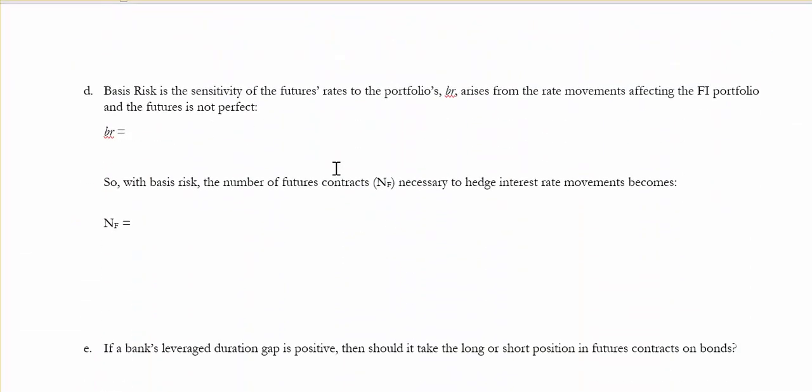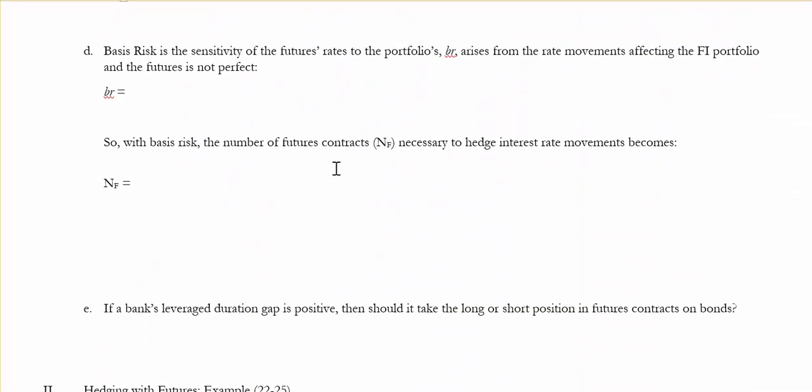So if we assume that there's not a one-for-one change, but that there's a tendency for the bonds underlying the futures contracts to go up or down by more or less than the interest rates on the bank's balance sheet, then we have what's called basis risk.